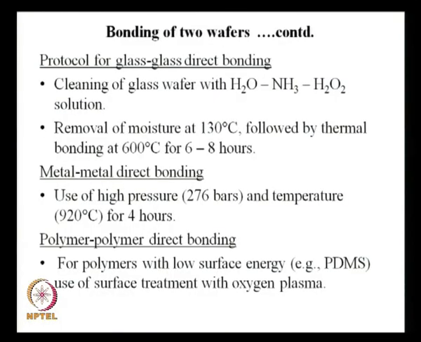In fact, after you treat the surface, if you just put one layer against the other, you can expect some amount of bonding to take place. So, typically you take the substrate, put it in the plasma asher in oxygen plasma, treat the surface and then put it on the other layer, put the two together, and automatically that will be bonded, because you have given that surface energy. Now, that will take care of it.